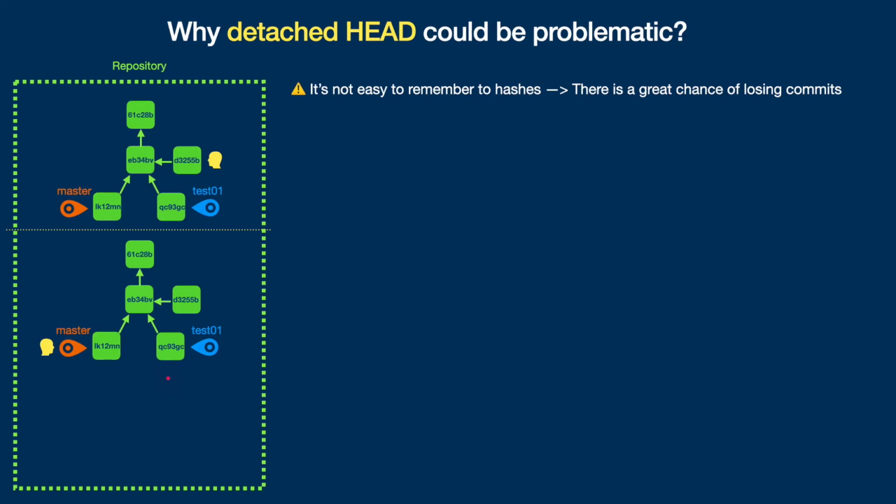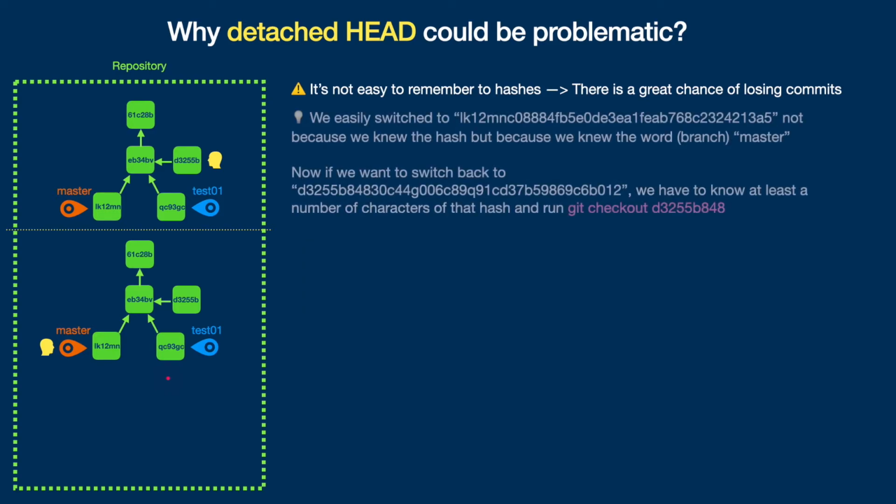The same way that we went back to lk12mn because we knew that master was pointing to it, so we ran git checkout master. But if we want to go back to d2355b, we have to know a number of characters of that commit's hash and run git checkout followed by that number of characters.